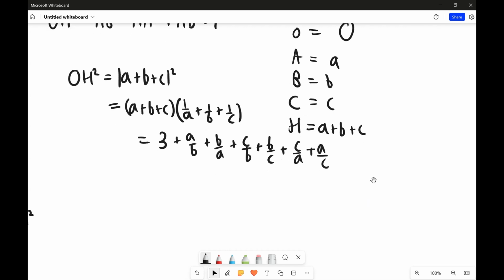Now HB squared, similarly, is H minus B squared.